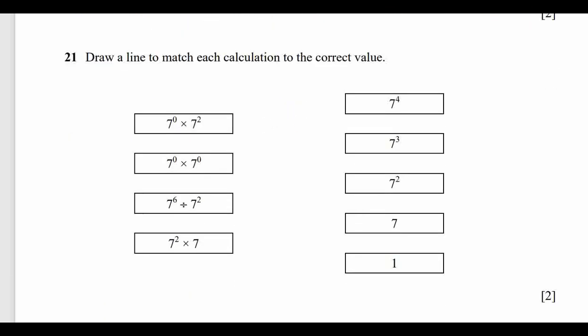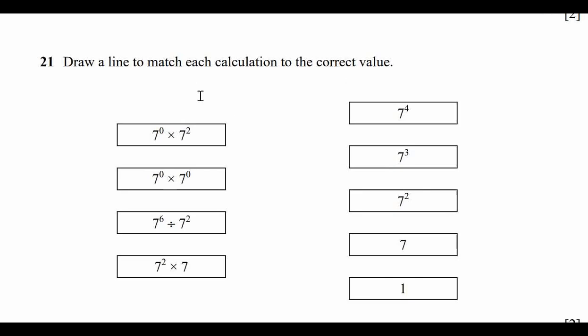21. Right now we have to draw a line to match each calculation to the correct answer. 7 to the power of 0 times 7 to the power of 2. So for indices, according to the law of indices, if it's multiplied and we have the index number, we just have to add the indices. So 0 plus 2 is 7 to the power of 2.